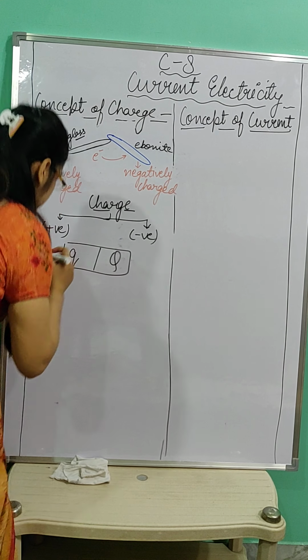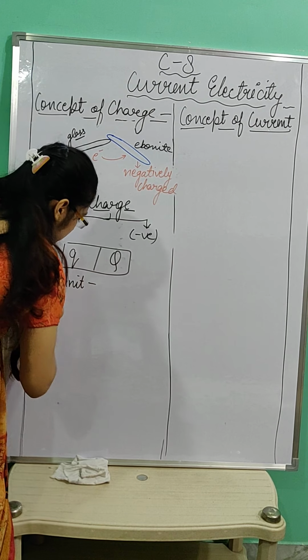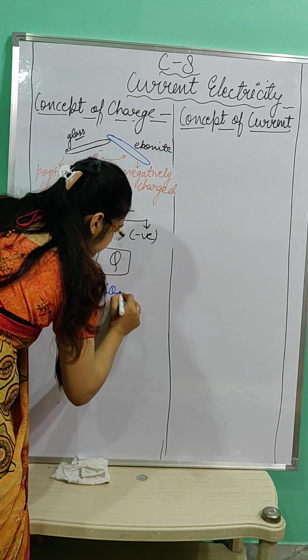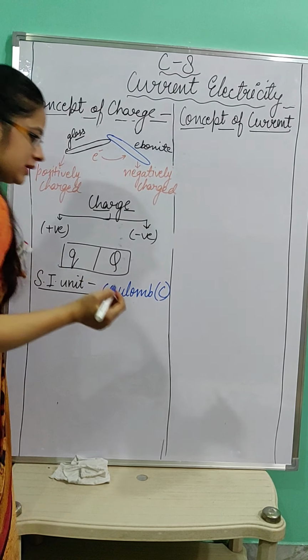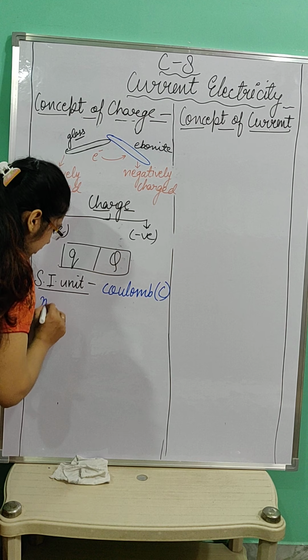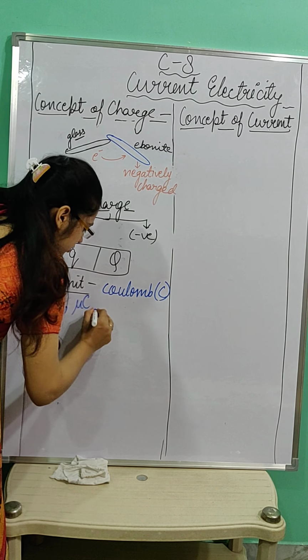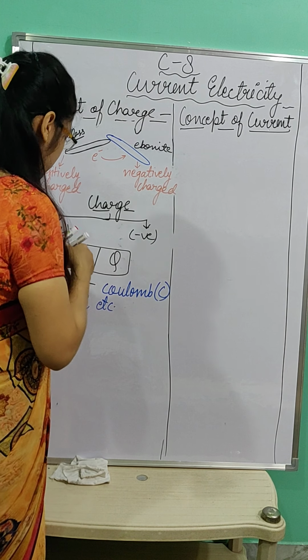Now the SI unit of charge is coulomb, represented by capital C. Some other units are also there like millicoulomb, microcoulomb, etc. These relations you can easily see from the book itself.